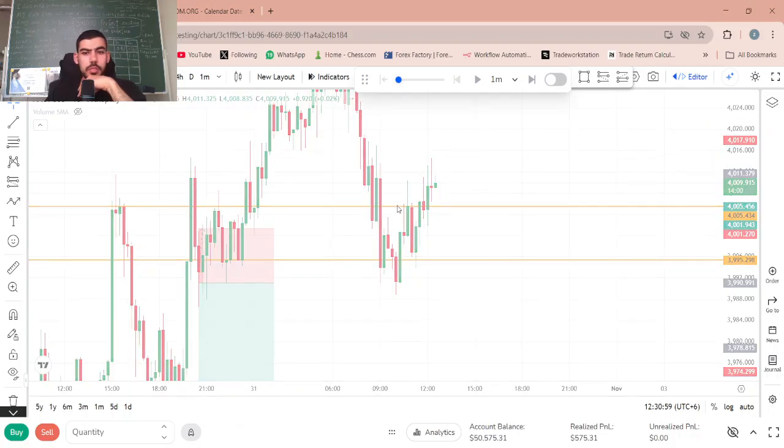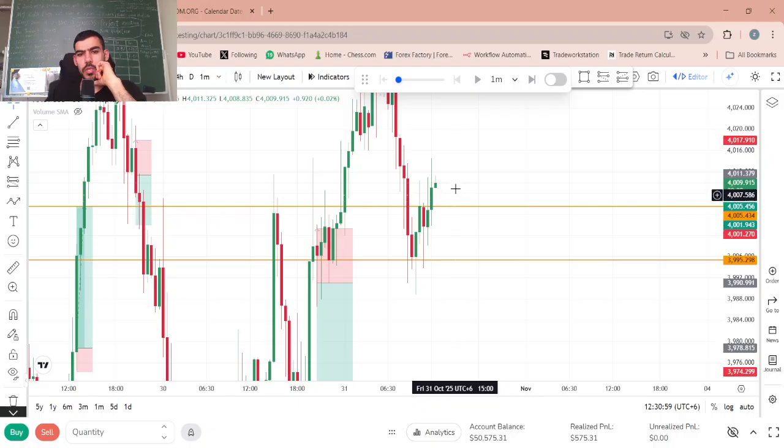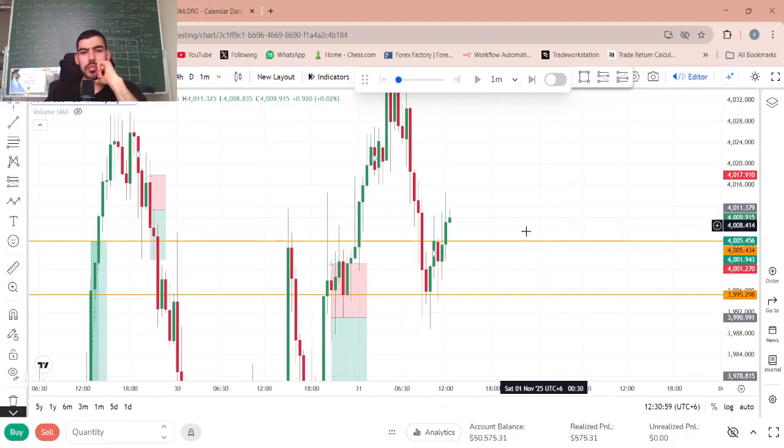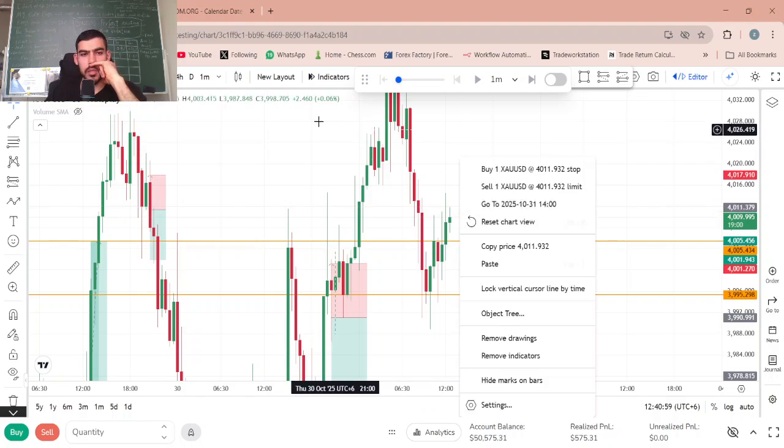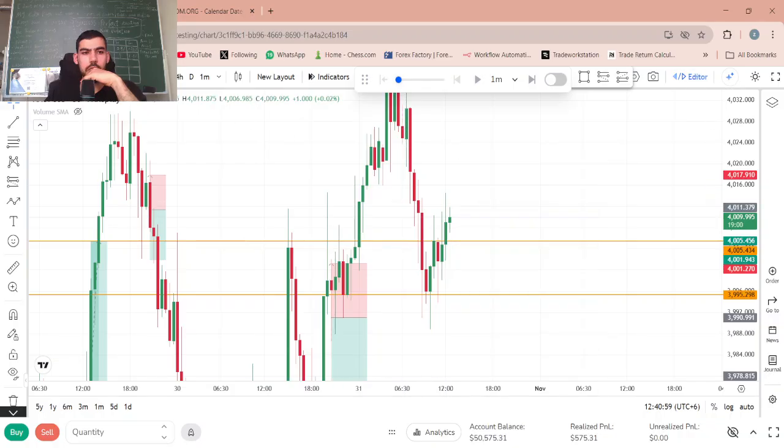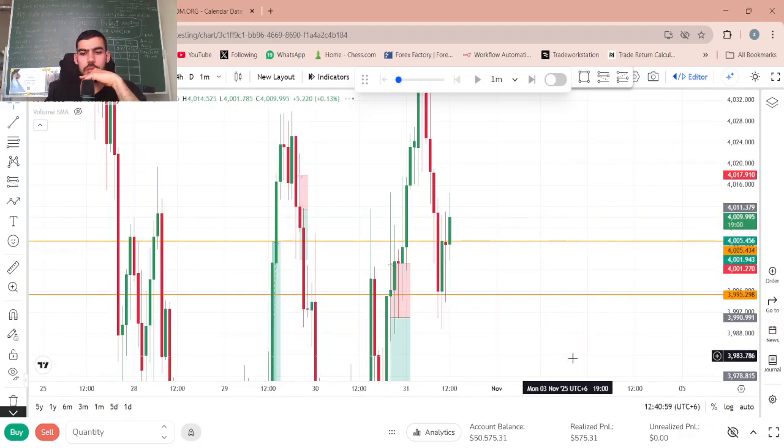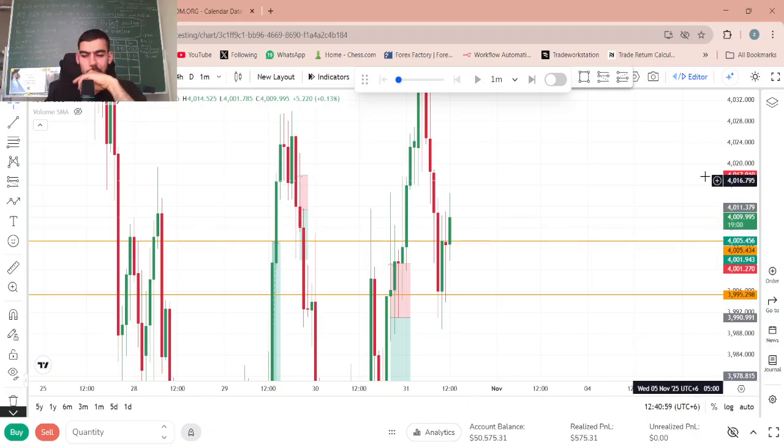Alright, so the 30-minute candle just closed. It's okay. It's not the best closure, but we need a bottom wick first before we can enter anything. So here is our bottom wick and it looks like it's breaking the highs now. This is the last 15 candle of the 1 hour.